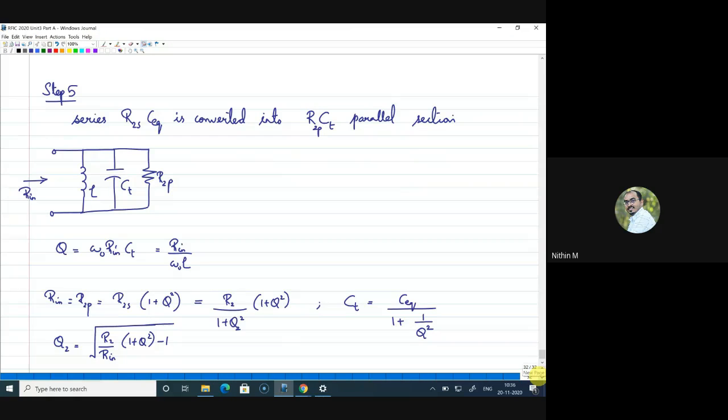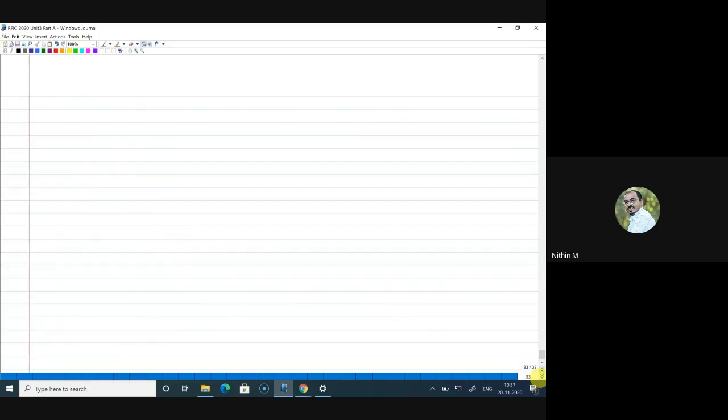The final step I have done here is that the series R2S and C equivalent is converted into a parallel section, and after that I have defined the Q factor and the new values. Rin I define in terms of R2P and R2S, and CT also I define. Now bringing the final thing here, the relation between Rin and R2 is 1 plus Q square divided by 1 plus Q2 square.